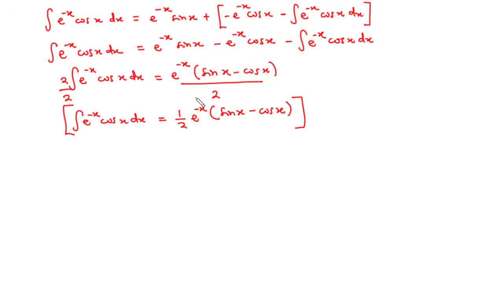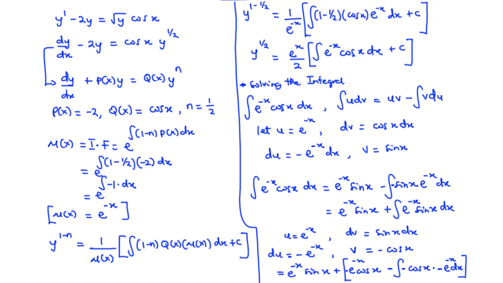So we are going to substitute this in the expression for the general solution. We got to the point where we had y to the power 1 over 2 equals e to the power x over 2 times the integral plus c. So we are going to substitute the expression for the integral in place of the integral.